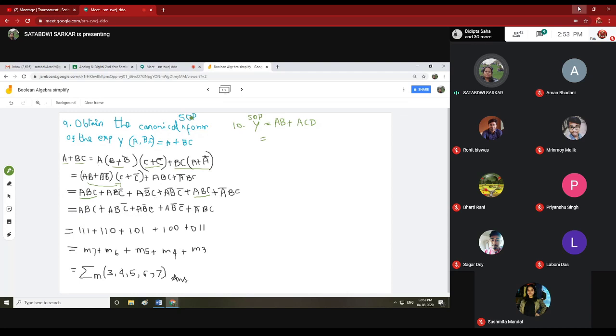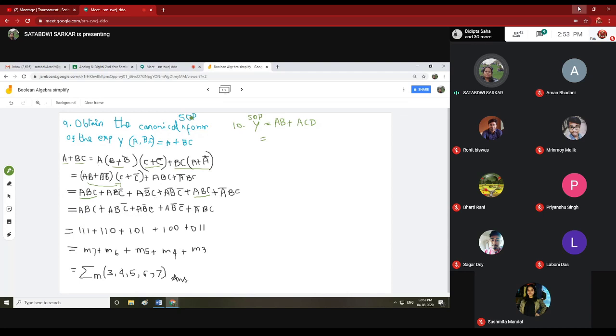Shagor, tell me the remaining parts. 1101. Good. 1, 1, 0, 1 plus 1100, plus this is 1011. Good. So now the M terms. So this is M15.